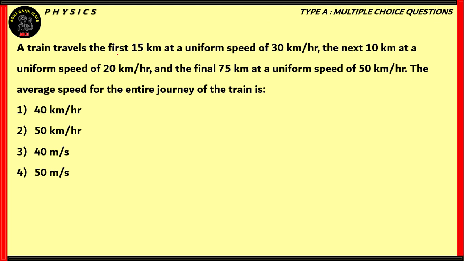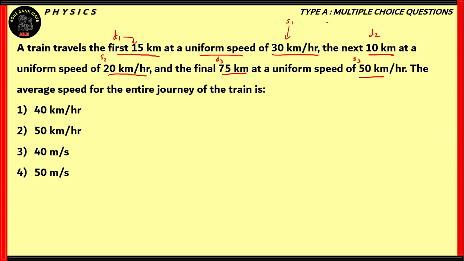Well, the question says, in the first 15 kilometers, the train traveled at a uniform speed of 30 kilometers per hour. So distance D1 is 15 kilometers, and the speed S1 is 30 kilometers per hour. The next 10 kilometers can be taken as D2, and the speed, 20 kilometers per hour, as S2. 75 kilometers is D3, and its speed is S3.